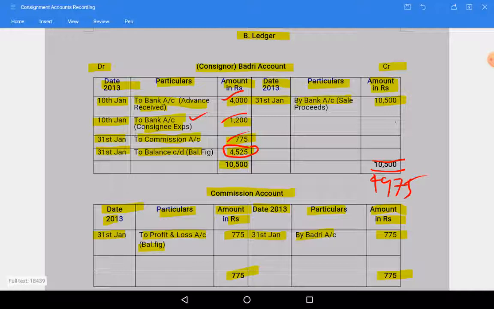Lastly, in the description I will put the notes relating to consignment accounts. Find it from there, and if it is useful, please share it with your friends also. Don't forget that point.